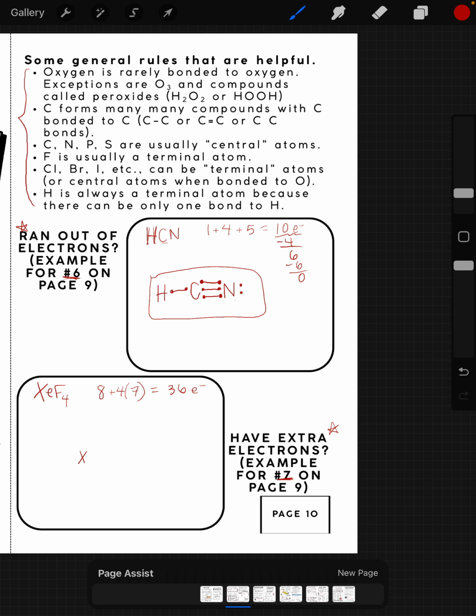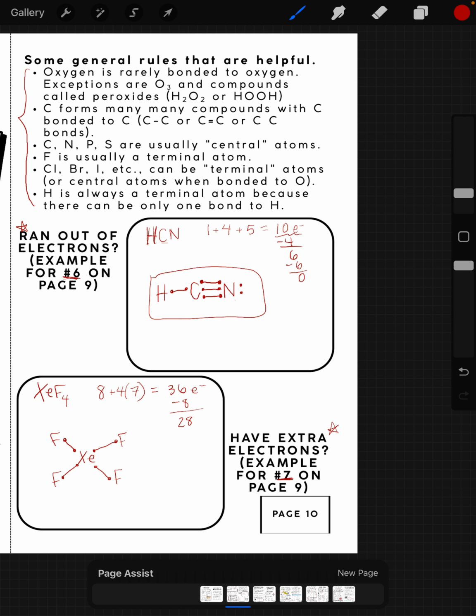So xenon is allowed to have multiple bonds, so I'm going to put xenon in the middle. And I'm going to put those 4 fluorines around him. Okay? And in order to make this molecule, I've got to draw those little bonds happening. And that's 2, 4, 6, 8 total electrons right there that I just drew. So now I have 28 left that I'm allowed to deal with.